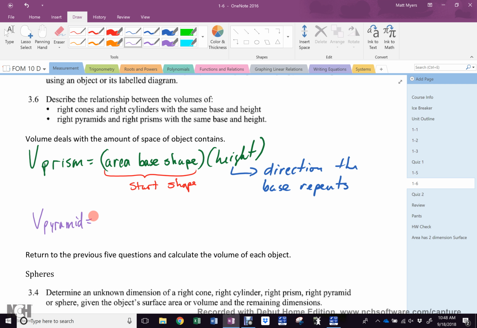Yes. How? It's got a volume. How else? A base. It's got a base shape that repeats, yes? Okay, so since it's related, I must have to do the area of the base, and since it's repeating, there must still be a height, yes?